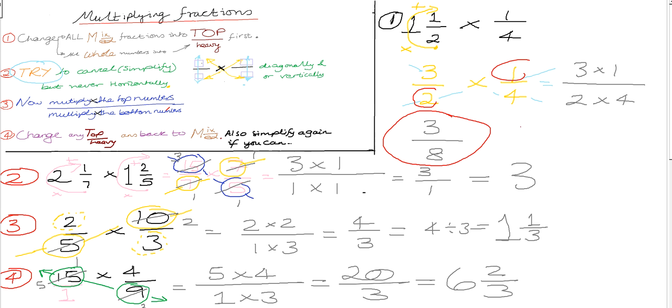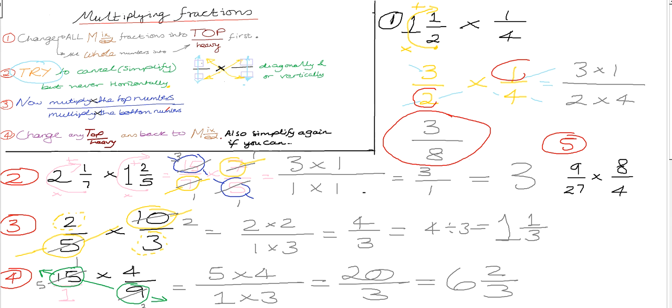The last example, we'll do number 5 here. A nice quick one. I'm going to show you a question where you can cancel vertically. So for example, we have 9 over 27 times 8 over 4. So what can we do?